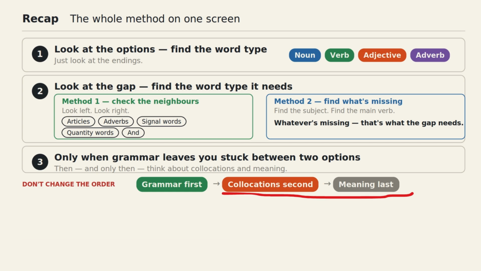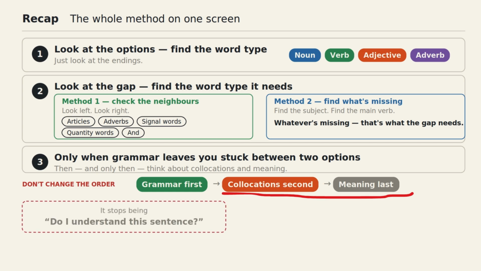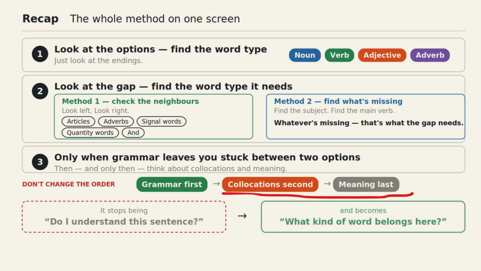Grammar first, collocation second, meaning last. Because when students are slow on these questions, they're usually doing exactly the opposite. They're trying to understand everything first. You don't need to. Look at the options. Check the gap. Find the form, use the grammar, then use collocations. That's it. And if filling the blank starts feeling very different, it stops being, do I understand this sentence? And becomes, what kind of word belongs here? Much faster, much easier, and much more accurate.